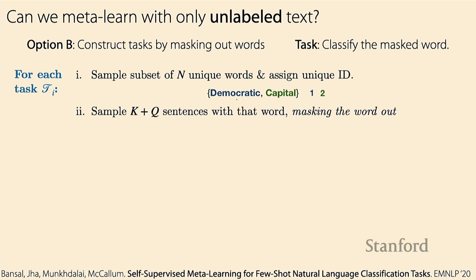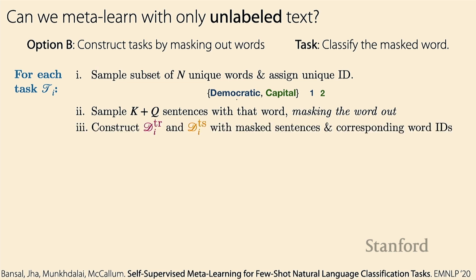And then you can sample sentences with one of those two words and mask out the word. And then the task is to classify which word was masked out. This is going to give you an n-way classification problem if you sample n words, because you'll basically be given, for these n words, which of those words corresponds to the masked out word. And this allows you to construct text classification problems without actually having access to any labeled text data.